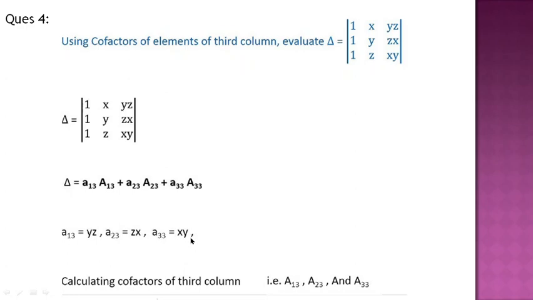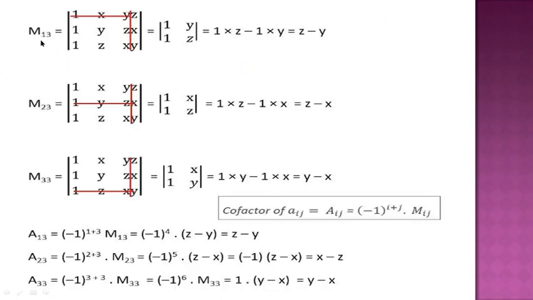Now we will find their corresponding cofactors. Calculating cofactors of the third column, these cofactors are capital A13, A23 and A33. How do we find the cofactor? First of all, we have to find the minor.